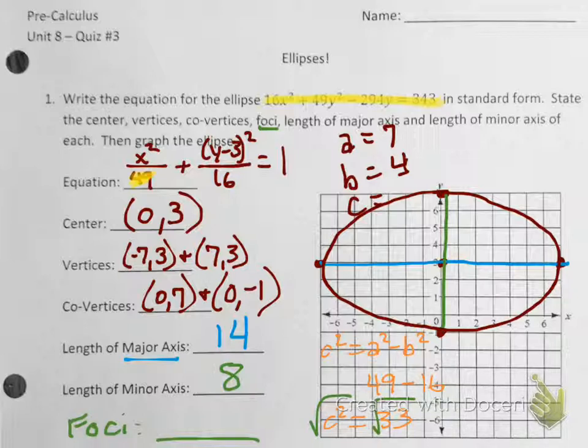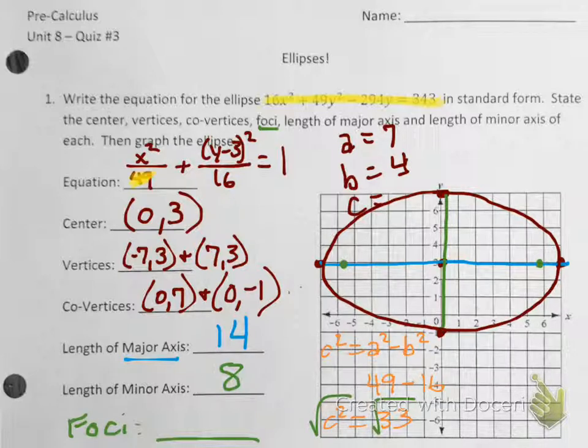So we take our center, and we're going to go root 33. That's a little bit shy of 6. So if we go 1, 2, 3, 4, 5, and then somewhere shy of 6, and then somewhere shy of -6.